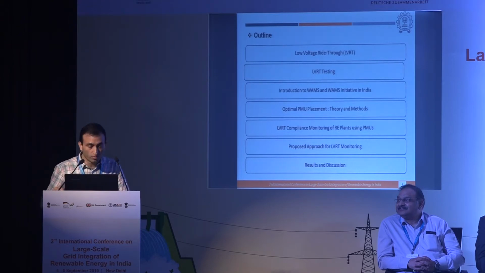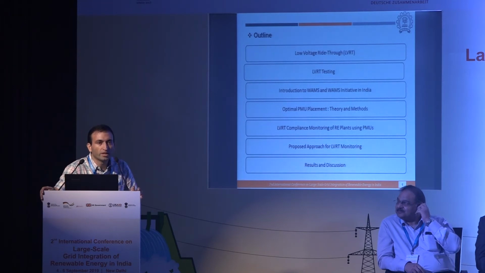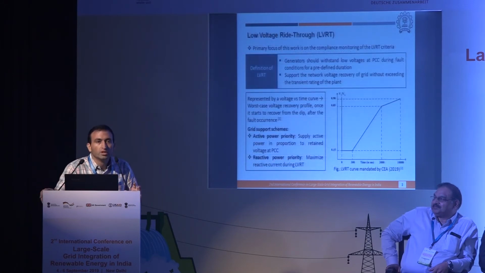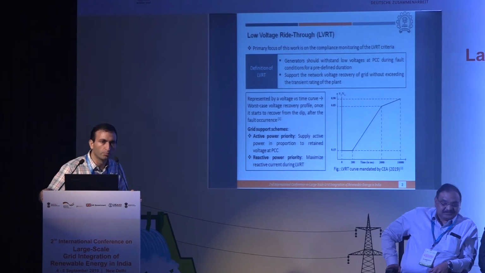In this study, what we try to do is use the application of PMUs, phasor measurement units, to assess the compliance of these renewable energy plants for a given plant, taking the measurements of the PMUs that we have in place at the high voltage transmission level generally. So this is basically estimating the performance monitoring of renewable energy plants.